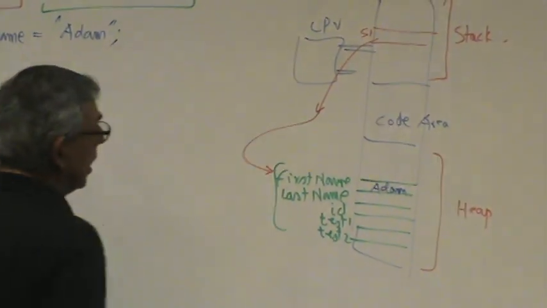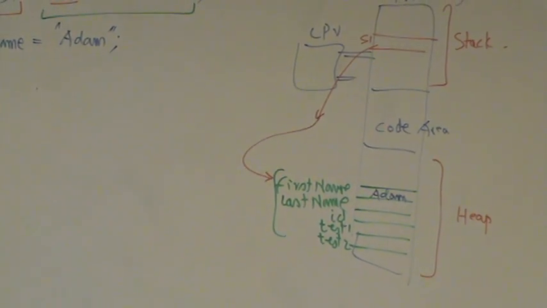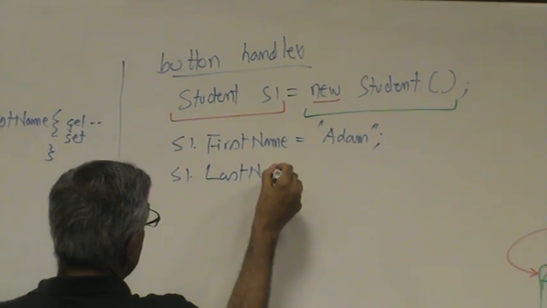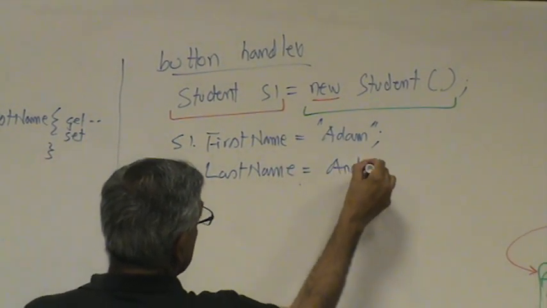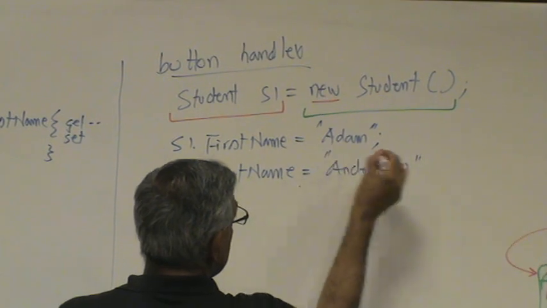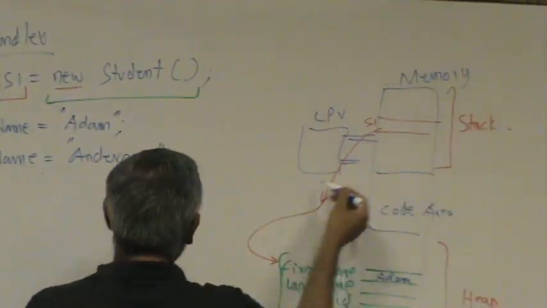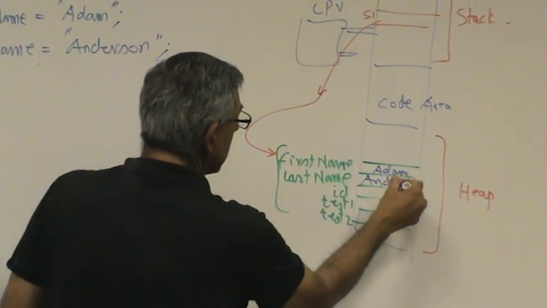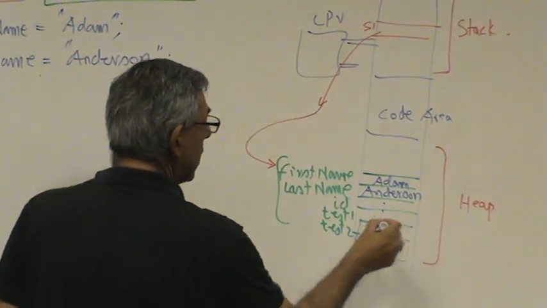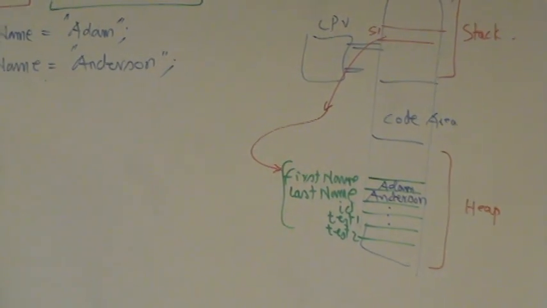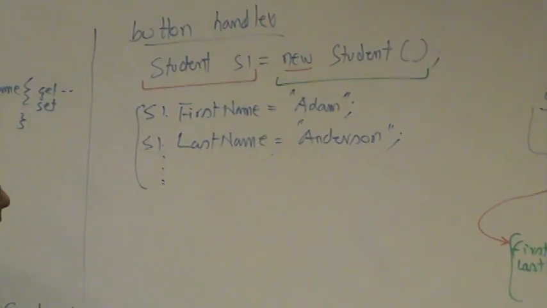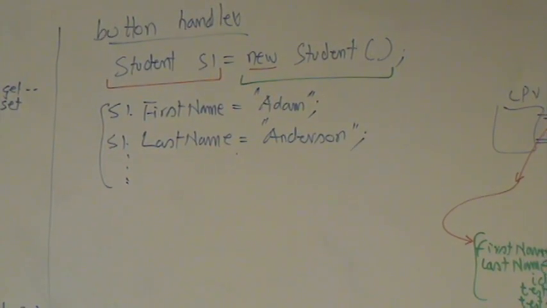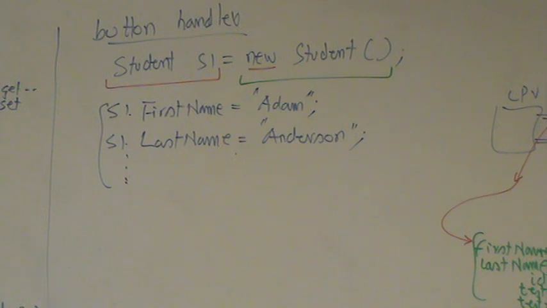Same way, what if we wanted to store the last name, let's say Anderson, so last name equal to Anderson. We'll start from S1 dot last name, locate the last name, and store something over here as an example, right? So how many lines of code will we need to write to initialize all the fields of one student? Right, 5 lines of code, because we have 5 fields.